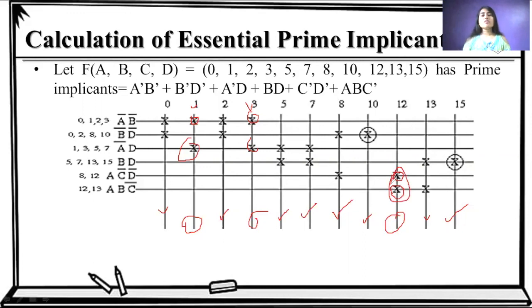So we have additional prime implicants besides the essential prime implicants: either A'B' or A'D, and AC'D' or ABC'. So for a simplified function, we have two essential prime implicants, B'D' and BD, and as all the terms are not covered by these essential prime implicants, we have to add other terms: either A'B' or A'D, and the other term AC'D' or ABC'.